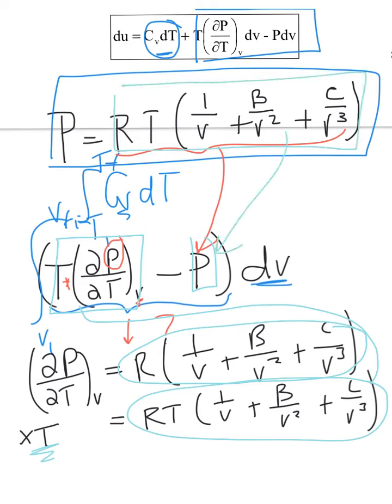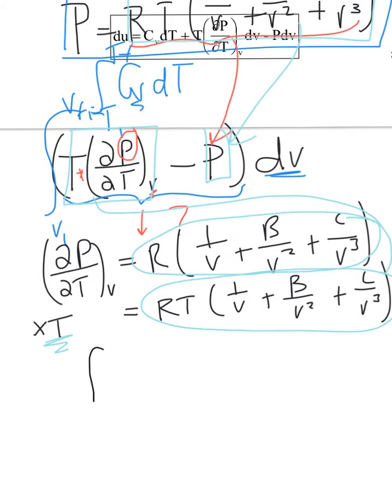And lo and behold, after all the trouble, we see that that part of the change between volume 1 and volume final results in 0 dV. So in terms of internal energy, this gas behaves like an ideal gas. The change in volume does not affect its internal energy. Please note that this is not a general result, it's only for this specific equation of state.